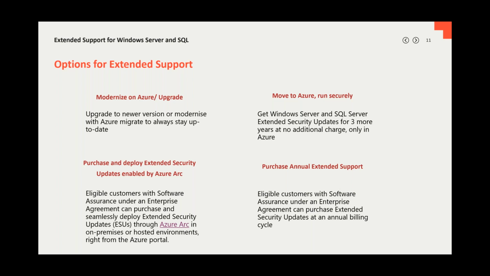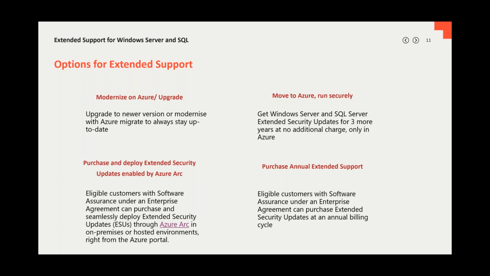Or actually with Dynamics, in many cases, it's cheaper to buy it on CSP, but I digress. Azure Arc is the way to buy the extended support on a monthly basis. You are utilizing Azure, it does cover those on-premise environments, and you can turn it off as soon as you've done those updates.